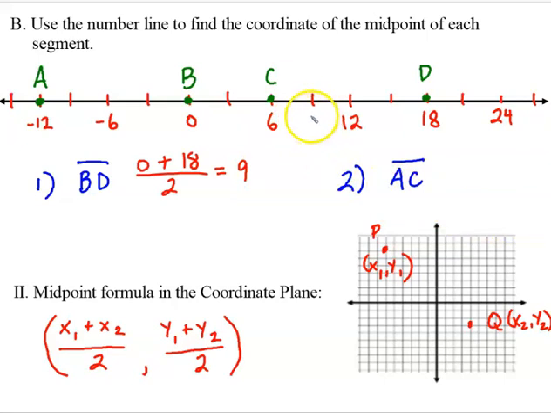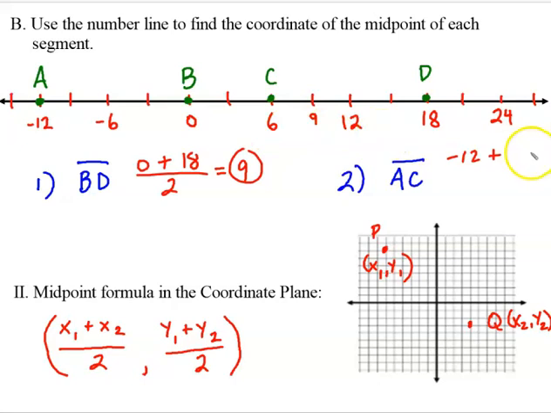And you won't have a number line that you have to draw, but just so you can see, 9 would be right here because these are in increments of 3. And so 9, as you can see, does fit as the midpoint between those two end points. And then we'll do this again with segment AC. What is the point that is right in between? And so we just take the value of point A on the number line.